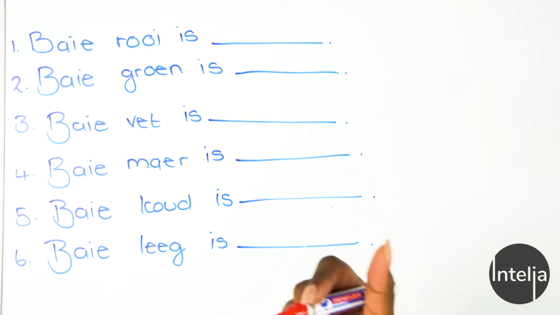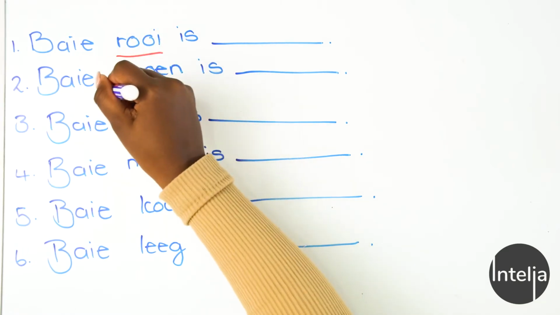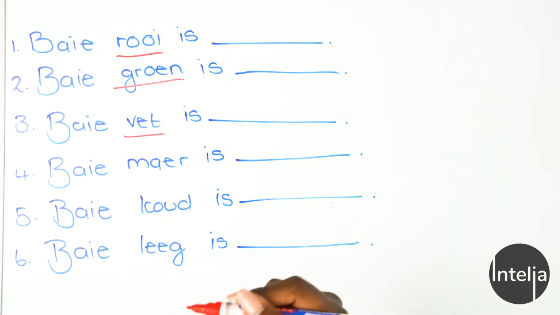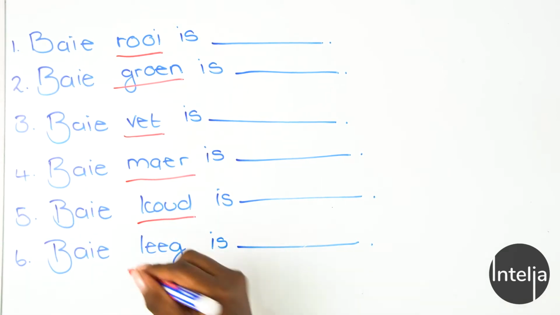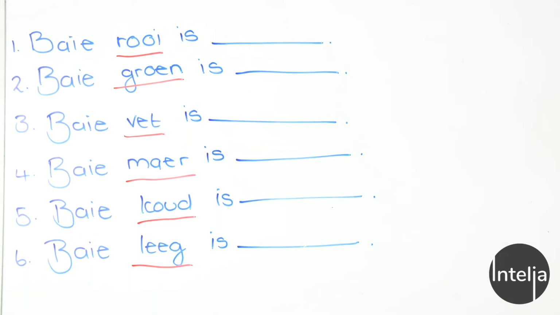What I think would be advisable is to underline your adjective, right? Rooi is red, groen is green, vet is fat, maar is skinny, koud is cold, leeg is empty. So let's start with number 1.